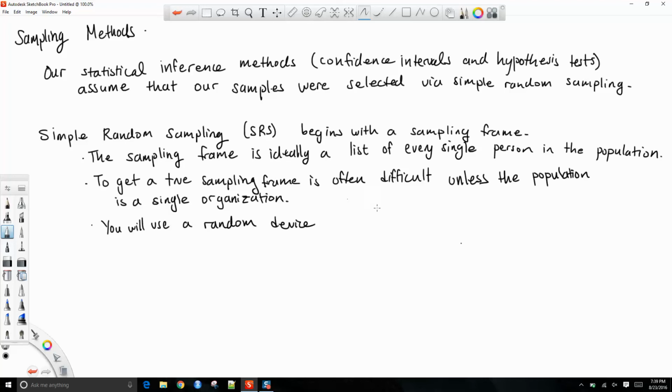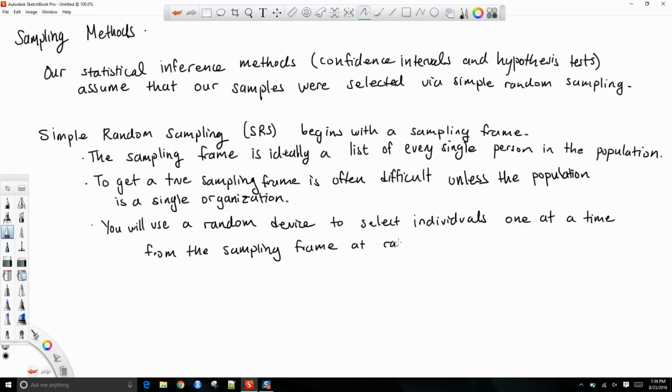You will use a random device to select individuals from the sampling frame one at a time, at random.